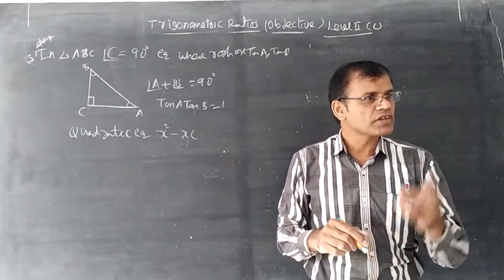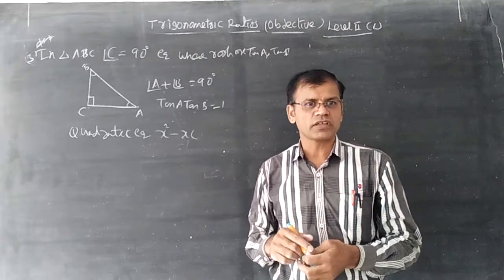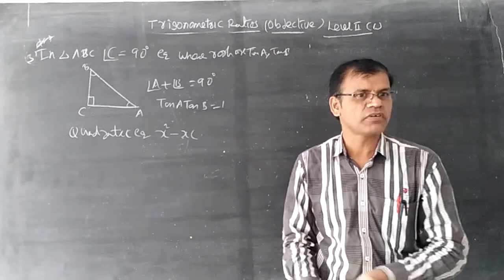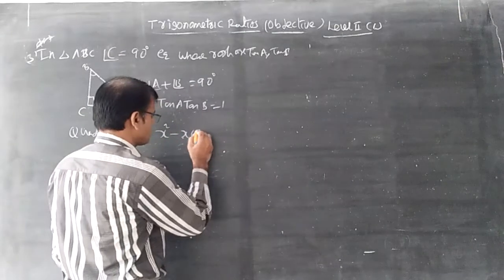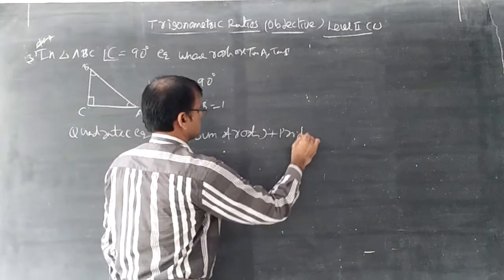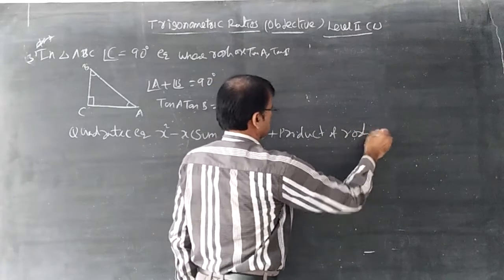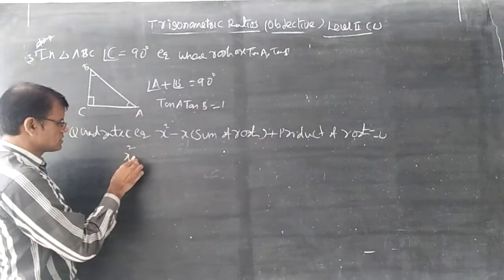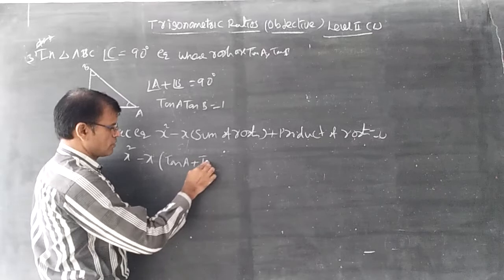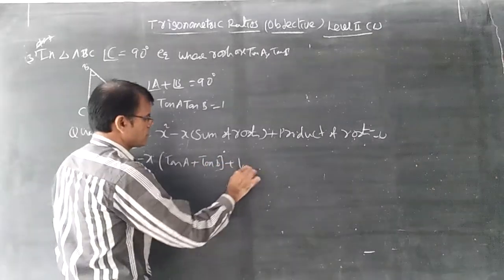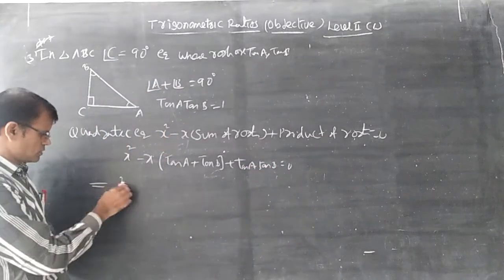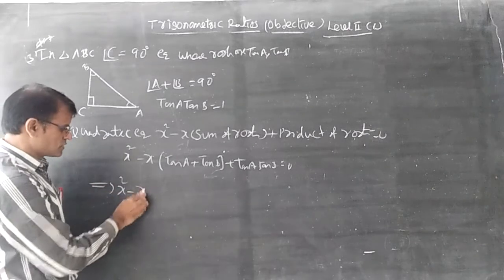If alpha comma beta are two roots of a quadratic equation, then the equation is x square minus x into the sum of roots plus the product of roots equal to 0. Here the sum of roots is tan A plus tan B, and the product of roots is tan A into tan B. That implies x square minus x into tan A plus tan B.